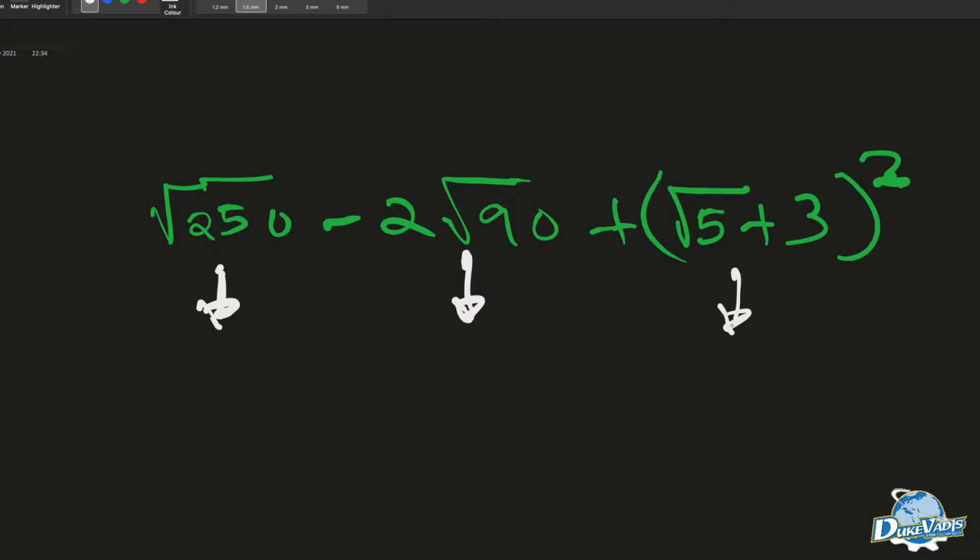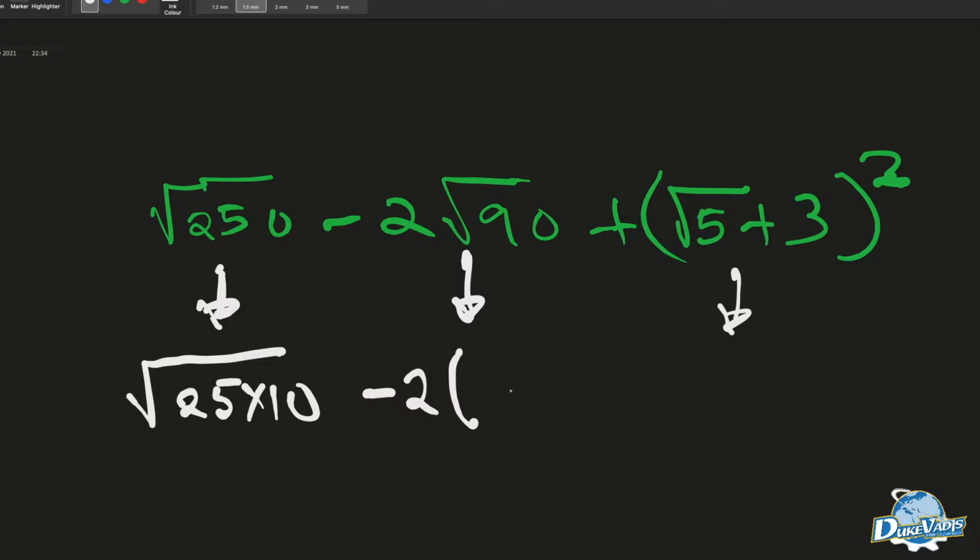We know 250 means we can say 25 times 10. So surd 25 times 10. The next one, we say negative 2. Let's put a bracket outside.